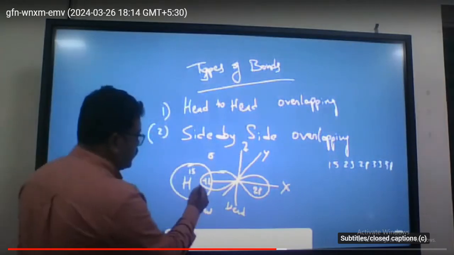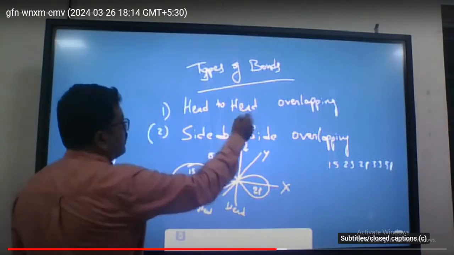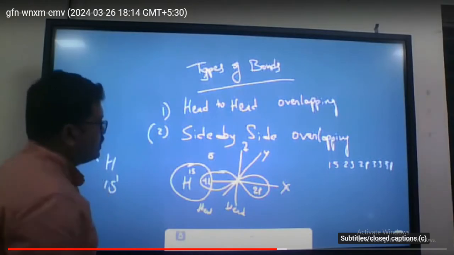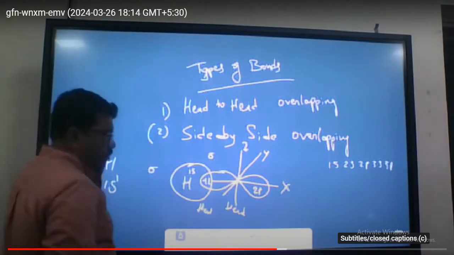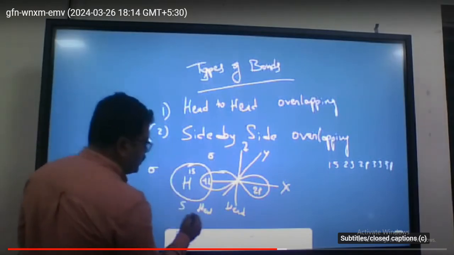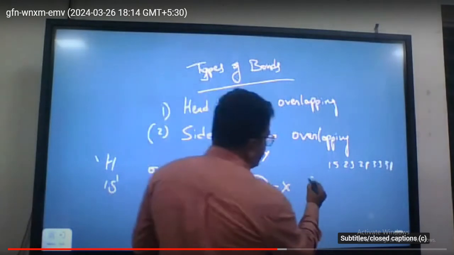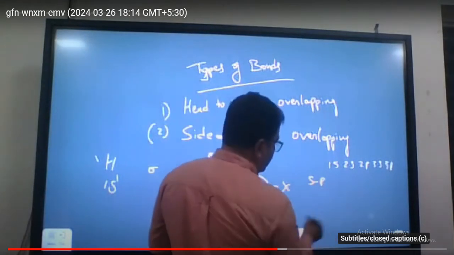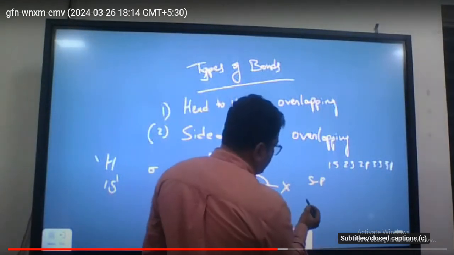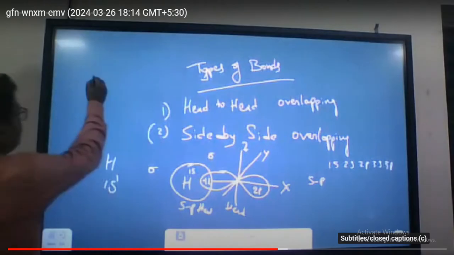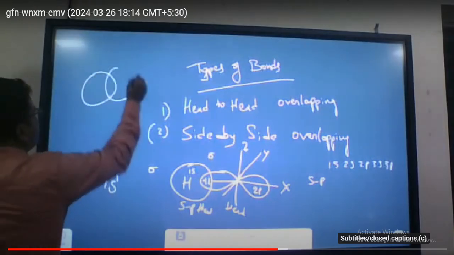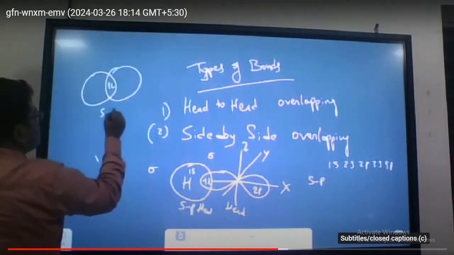This head to head overlapping is called sigma. It doesn't overlap only between s and p; s with s also happens, and p with p also happens. So s and s overlap.